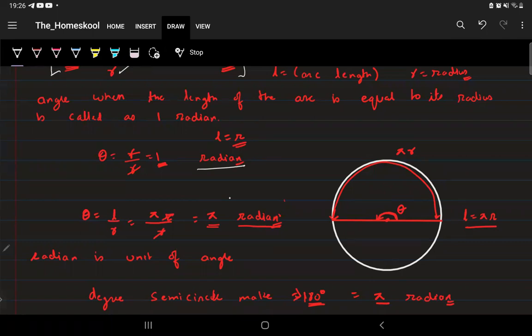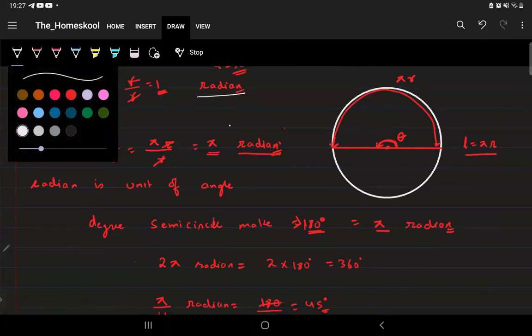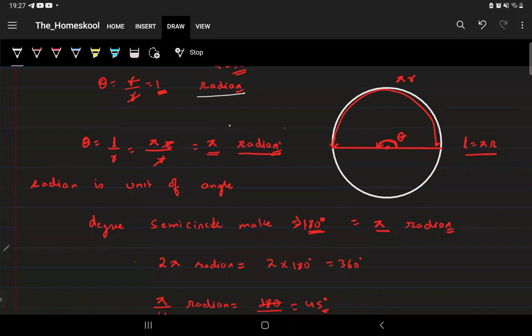We already know this. Do we know the circumference of a semicircle and of a complete circle? Yes, we do know this. The circumference of a complete circle is 2 pi r, and the circumference of a semicircle is pi r.